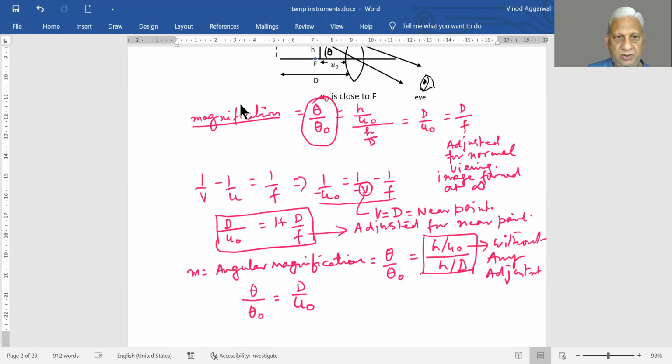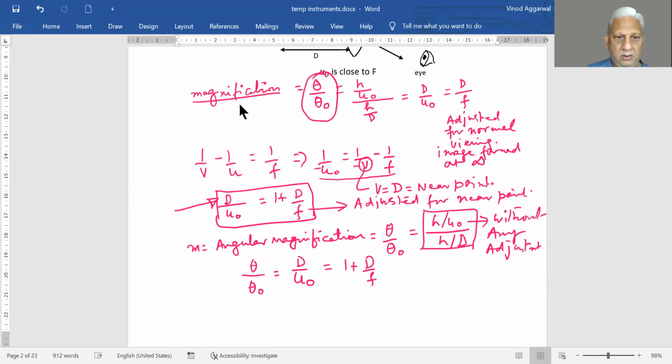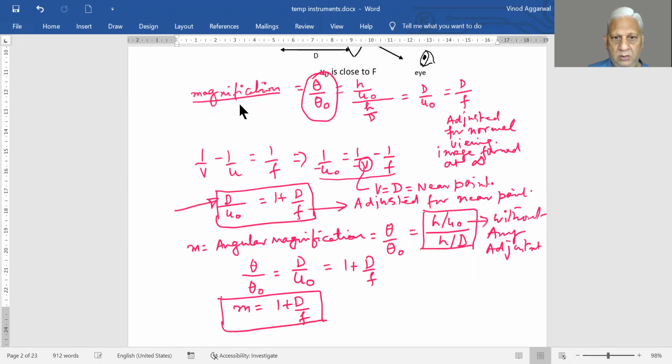Now, if we adjust it for near point, then we can write our magnification as this, which is our formula for near point adjustment.